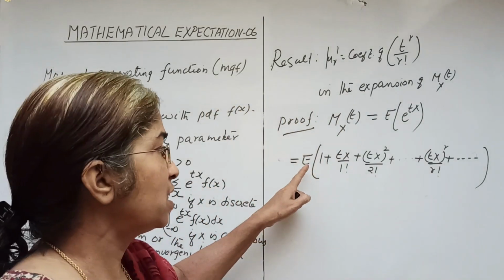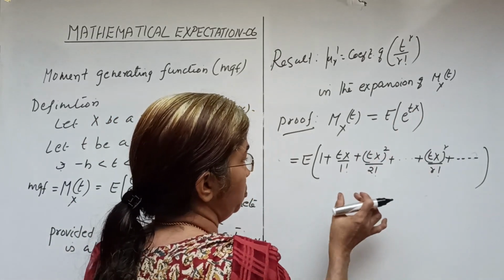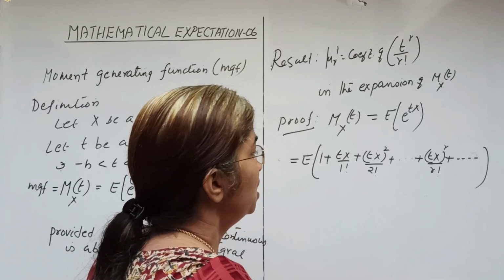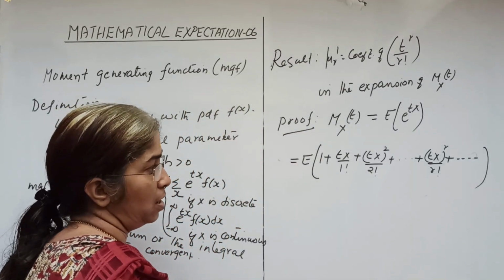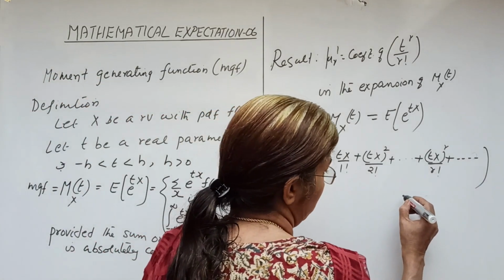That is, the expectation of 1 plus tx by 1 factorial plus (tx) whole square by 2 factorial plus etc., plus (tx) whole raised to r by r factorial plus etc.